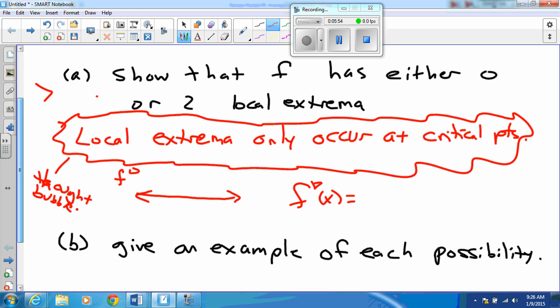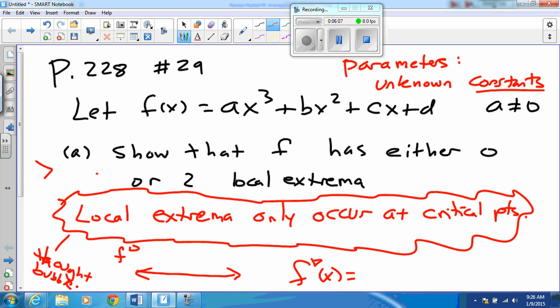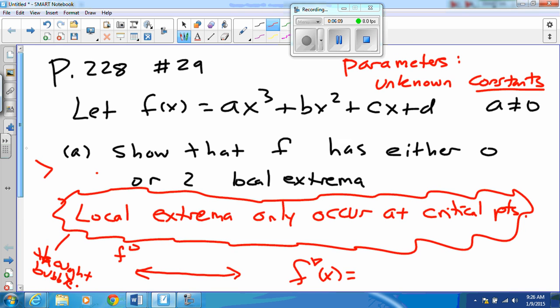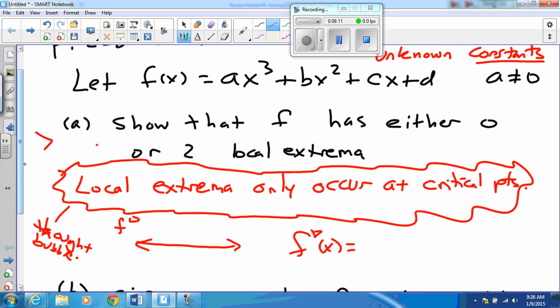Okay, and what do you get for f prime when you take that derivative? 3ax squared plus 2bx plus c.